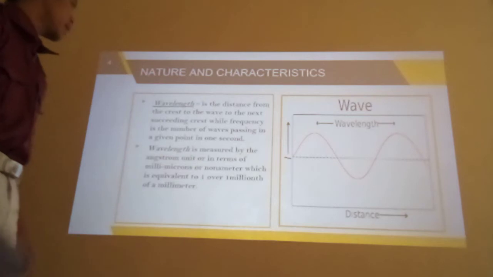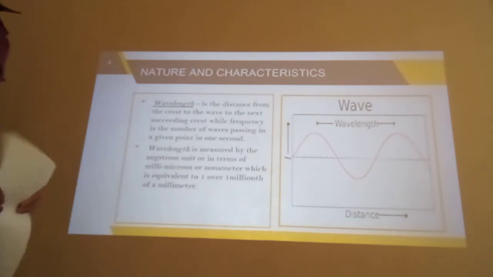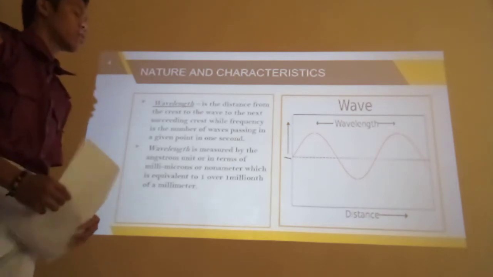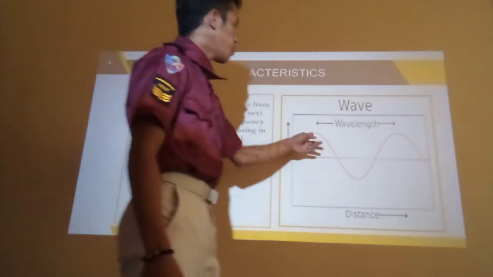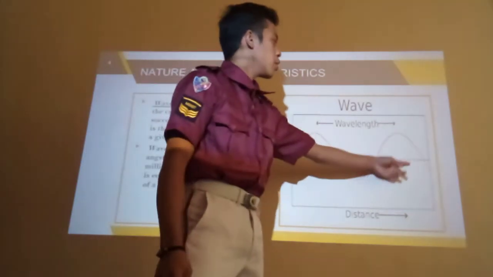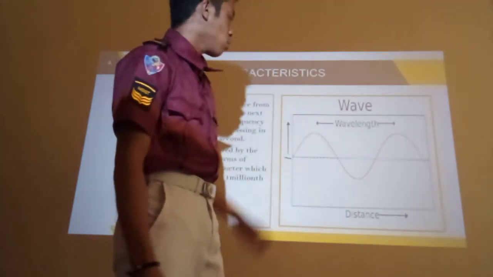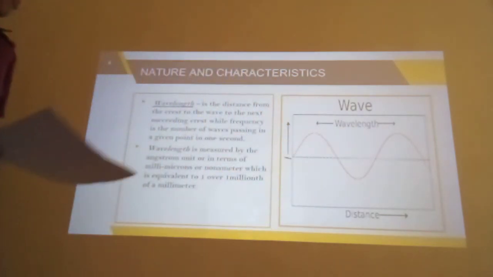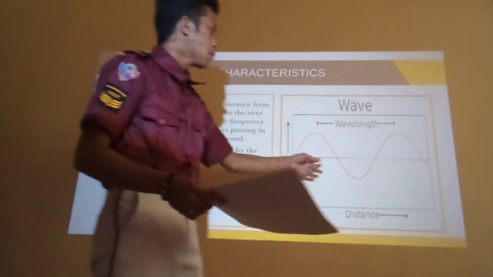Wavelength is measured in Angstrom units, in terms of millimicrons or nanometers, which is equivalent to 1/1,000,000 of a millimeter. So this is the wave motion, while this at the corner of the wave is the wavelength, the distance between the crests. The frequency here is in the middle.